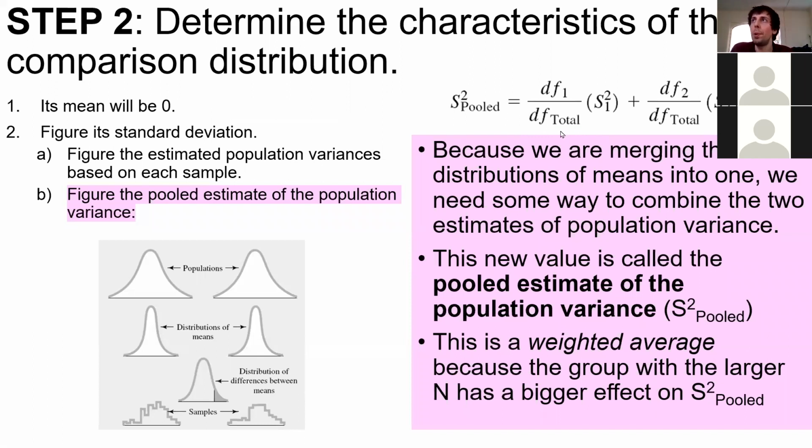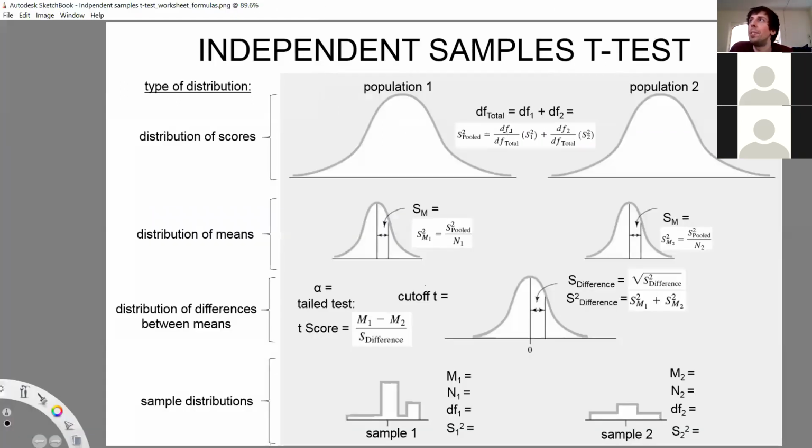And degrees of freedom total is very simple. All you need to do is add the degrees of freedom from your first sample and your second sample, and you've got your total degrees of freedom. Notice that the total degrees of freedom is not n1 plus n2 minus 1. It's the degrees of freedom for the first sample plus the degrees of freedom for the second sample.